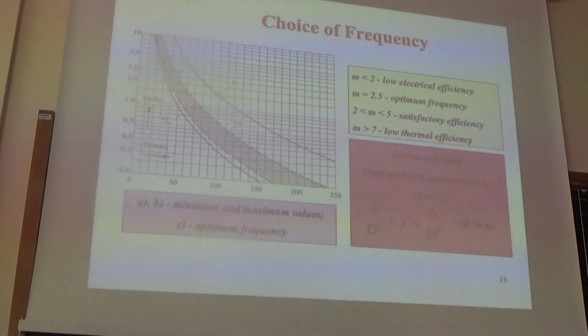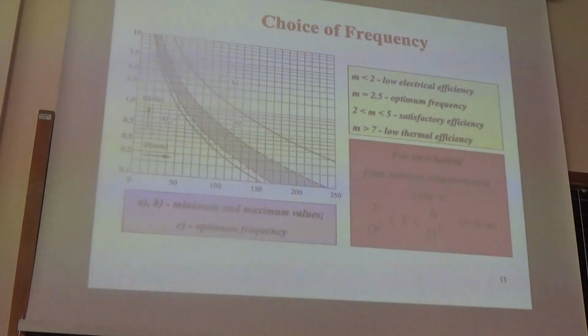Maybe the bigger billet will have a better efficiency and the smaller one a lower efficiency. But in any case, in that range I will obtain good values of efficiency. Okay?